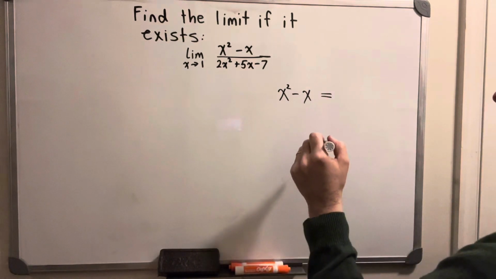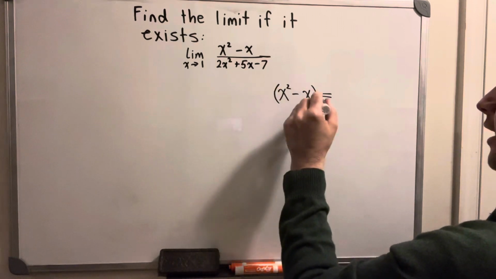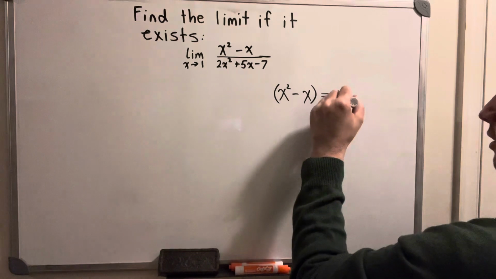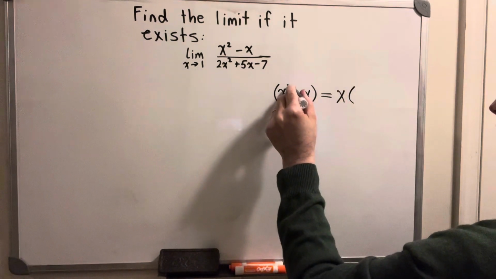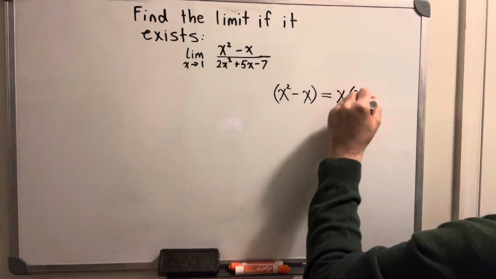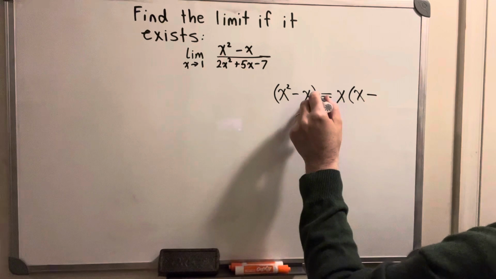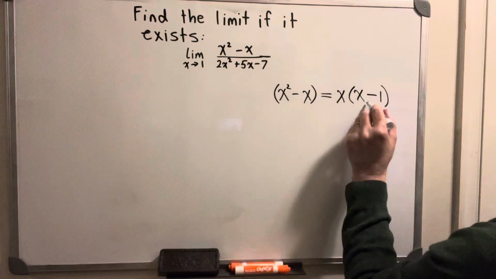Well, by the distributive property, we could factor an x out because this has an x in it and this has an x in it. So here's x. If you factor an x out of x squared, it goes down to just x. If you factor an x out of x, it just leaves minus 1. There's the x minus 1 we want to get at.